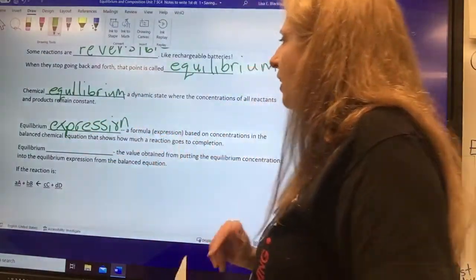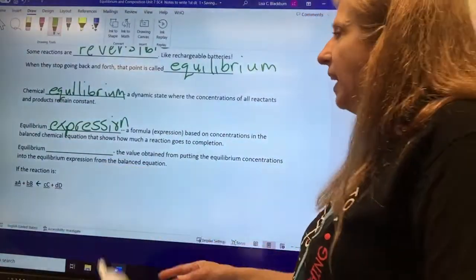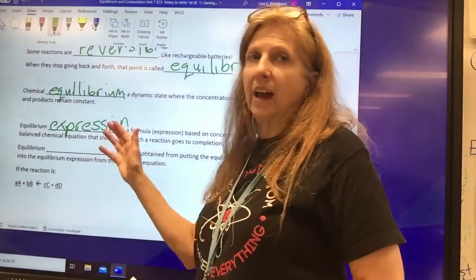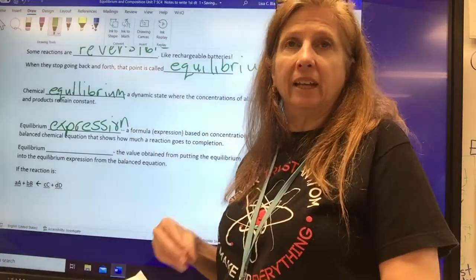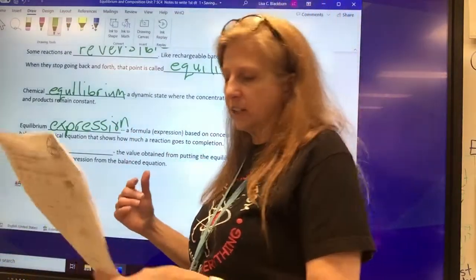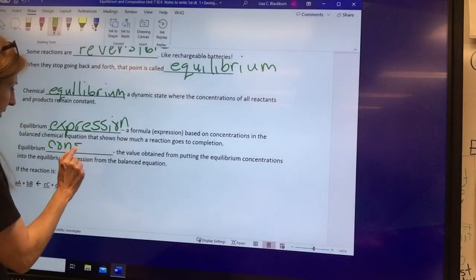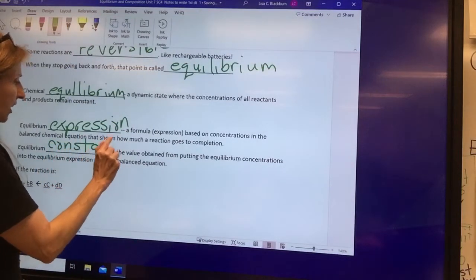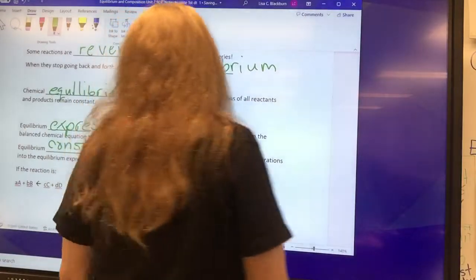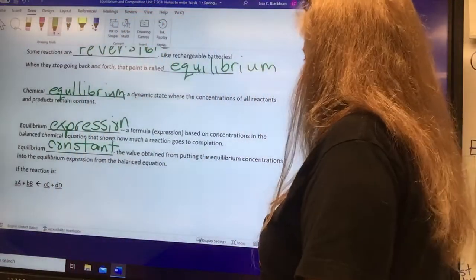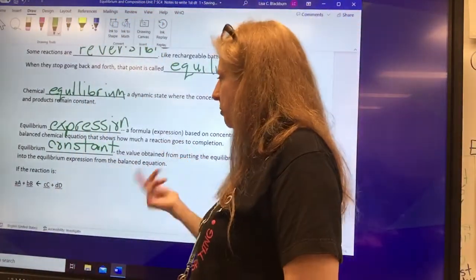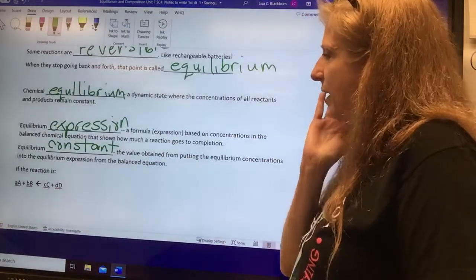Okay, and it is called the equilibrium expression. Now, for that, part of what you get when you do this mathematical equation is called the equilibrium constant. It will tell you how far a reaction goes. It's the value obtained from putting the equilibrium concentrations into the equilibrium expression from the balanced equation.